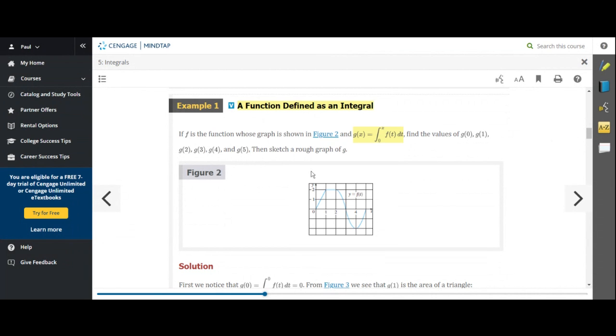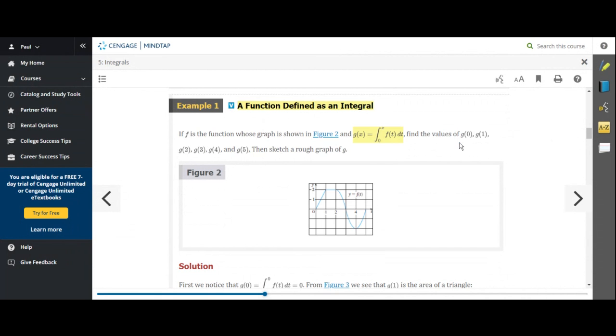Unless it's a constant function, but that's not what we're going to have here. So one thing that might help you feel comfortable is that if we have the integral of f of t dt from t equals 0 to t equals x, that's a function of x, g of x.